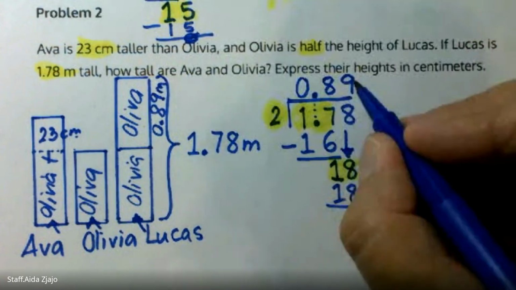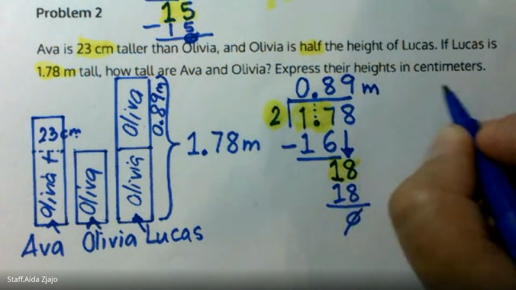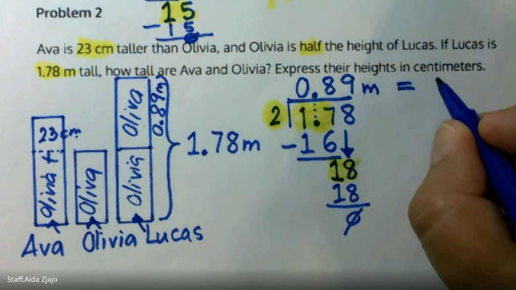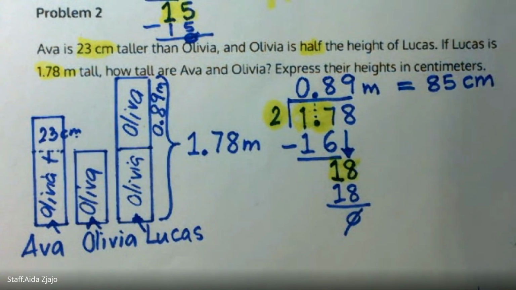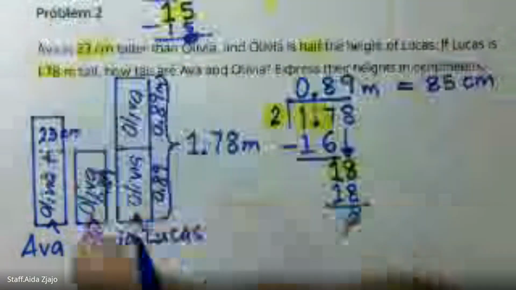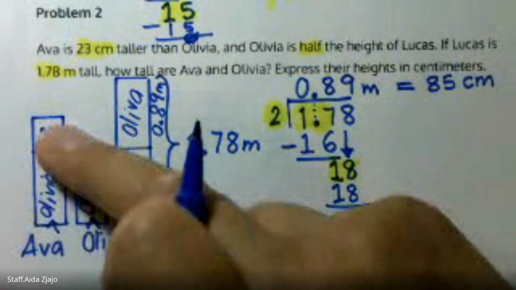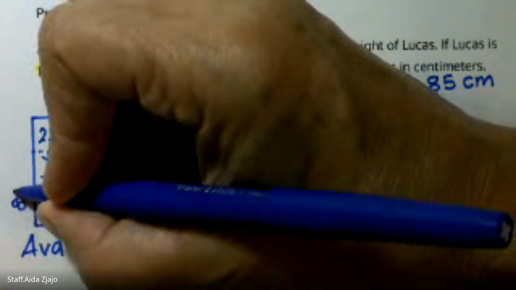Okay, if you have 0.85 meters, that is the same as 85 centimeters. So we can now see that Olivia is 0.89, and this one here is 0.85, or because Ava is 23 centimeters more, we're going to think of this as 85 centimeters.